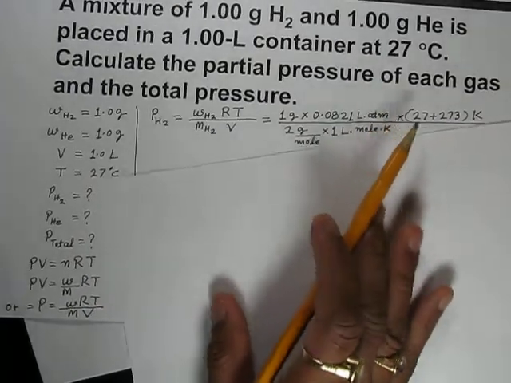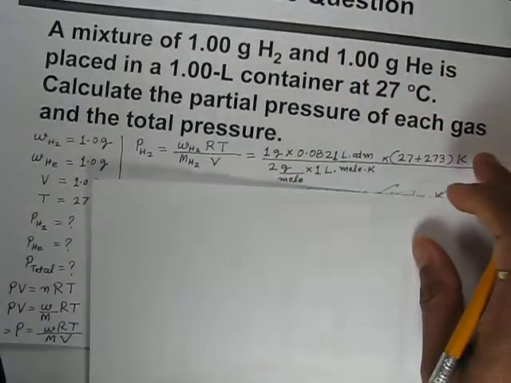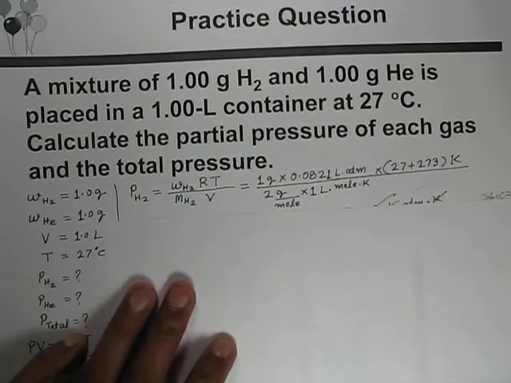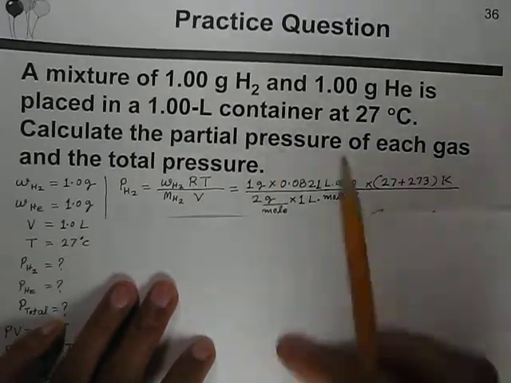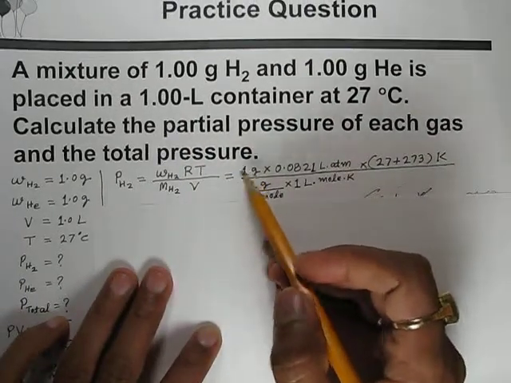First, in the case of hydrogen gas, we will place the weight of hydrogen, which is 1 gram.